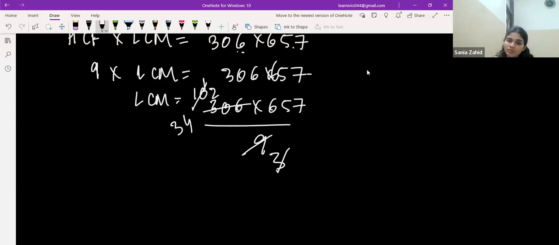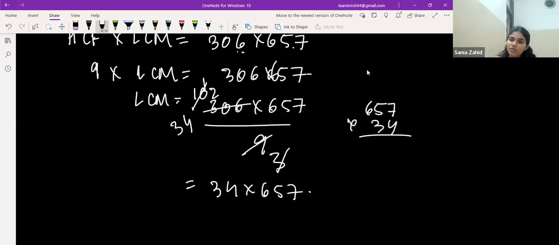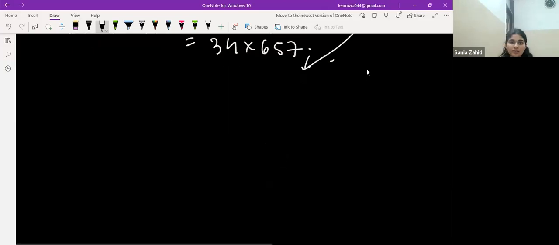You can cancel this, 34 into 657. Okay, you multiply these numbers and you get your LCM. Whatever answer you get, that will be your LCM. Alright, Amit? So the fourth question is also very easy.